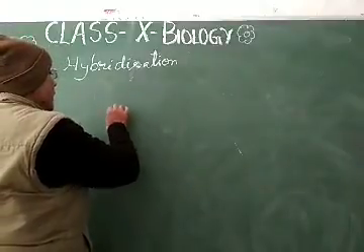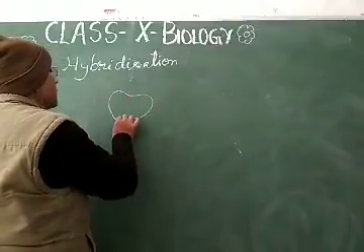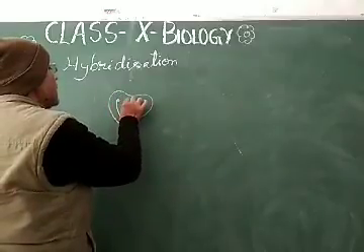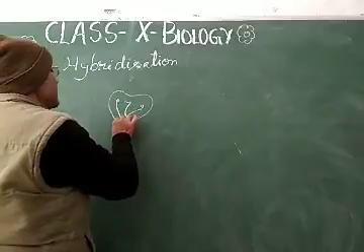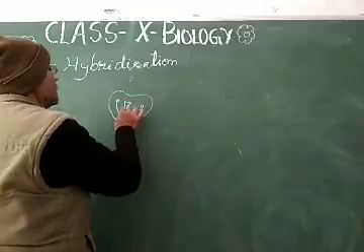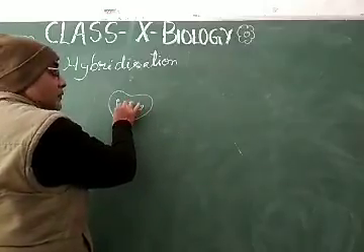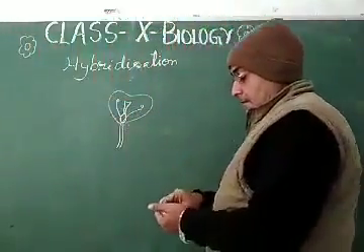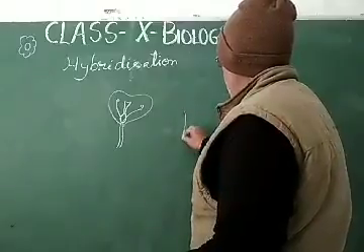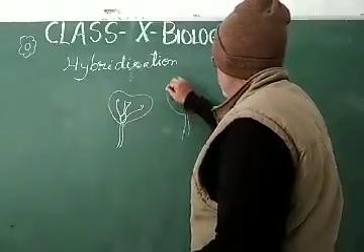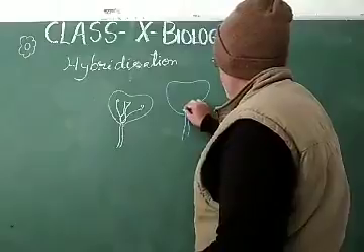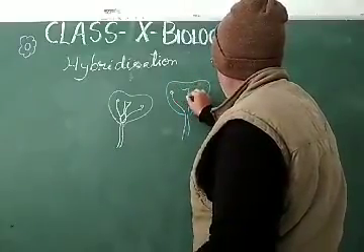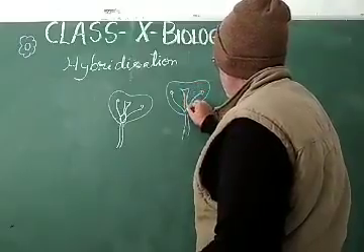flowers, and those flowers have this anther and this is the stigma, this is the androecium, this is the gynoecium. Take the flower that has the same male and female parts.